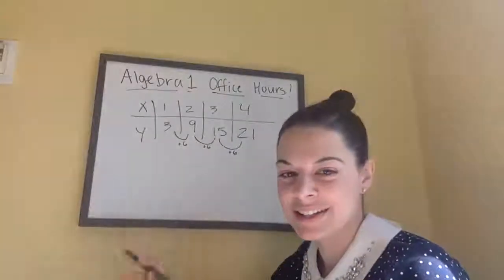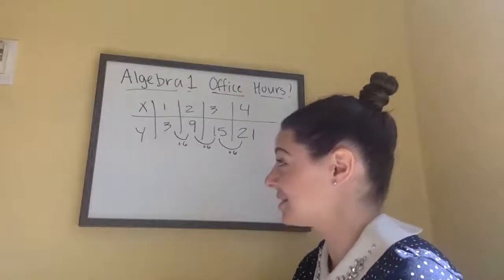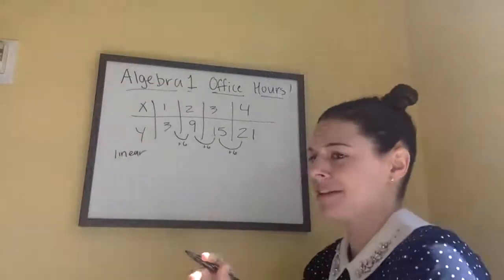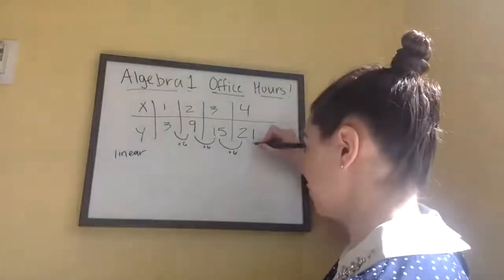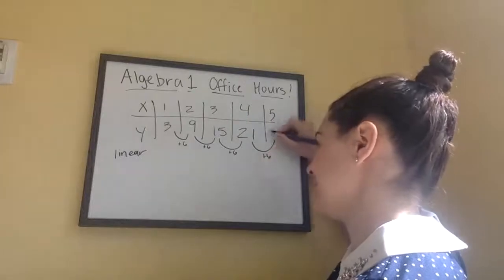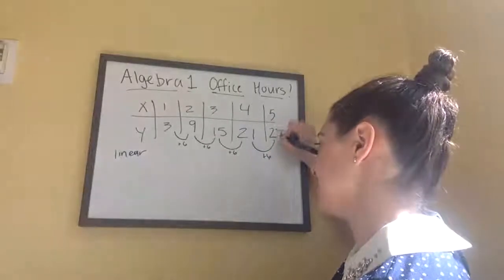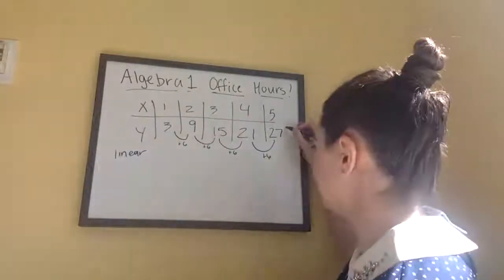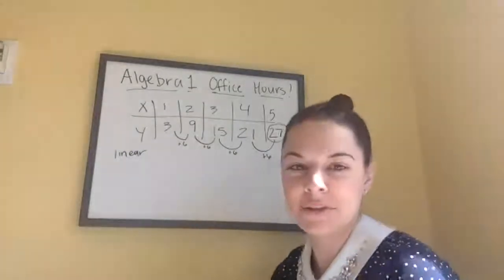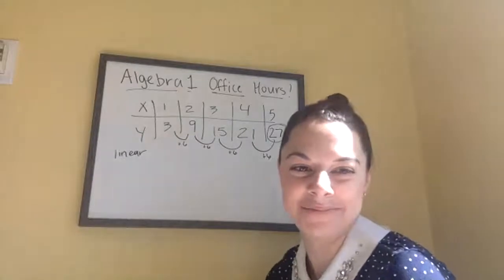Because I'm doing +6 every time, this is a linear equation. So to find the 5th term, I just need to do +6 again. 21 plus 6 gives me 27. So my answer for question number 18 on packet number 2 should be 27.